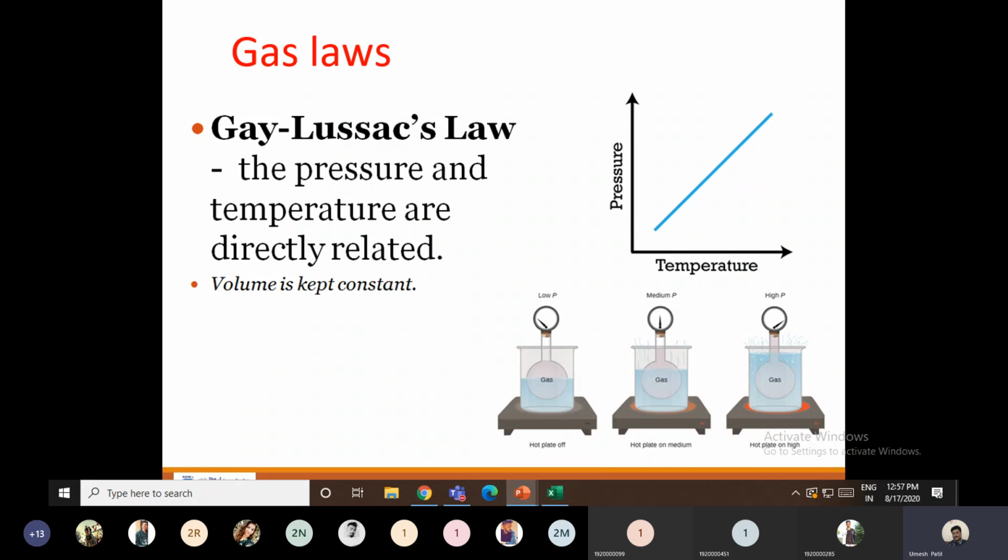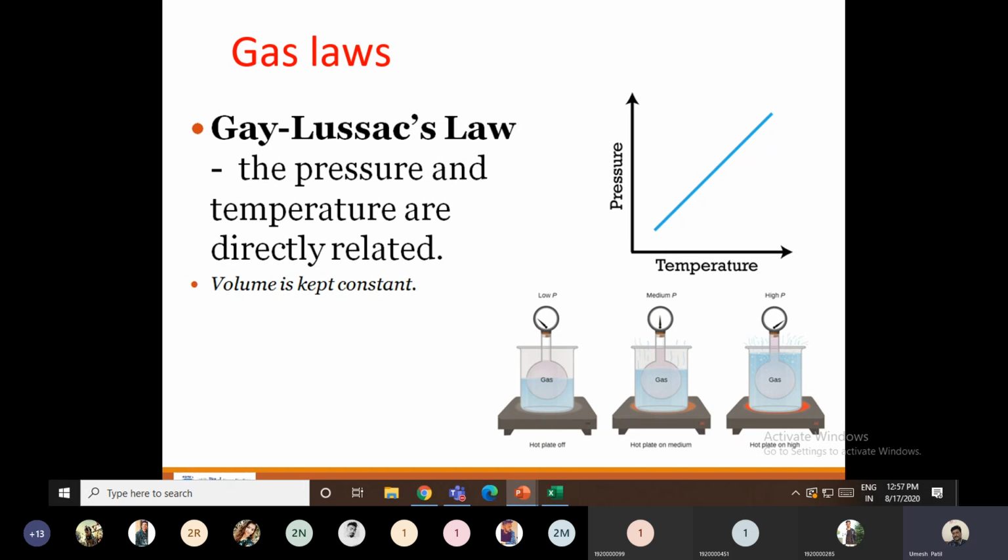Second law is Charles' law, which gives the relation between volume and temperature when pressure is kept constant. So volume is directly proportional to temperature. And the third gas law is Gay-Lussac law. According to this law, when volume is kept constant, pressure is directly proportional to temperature.